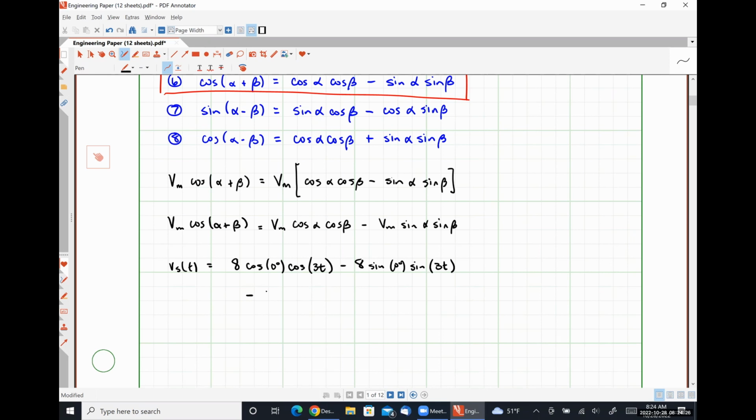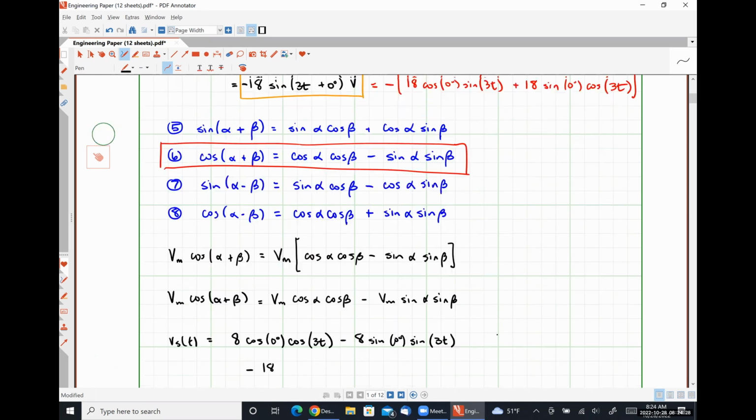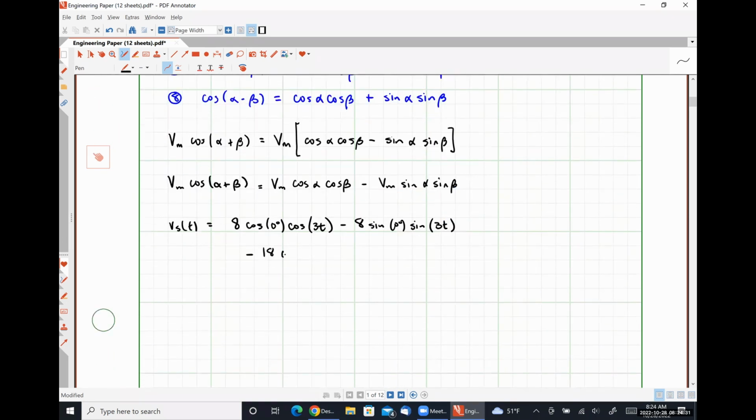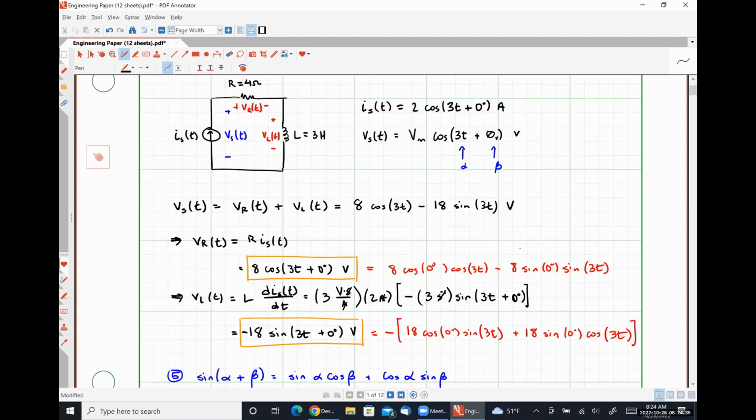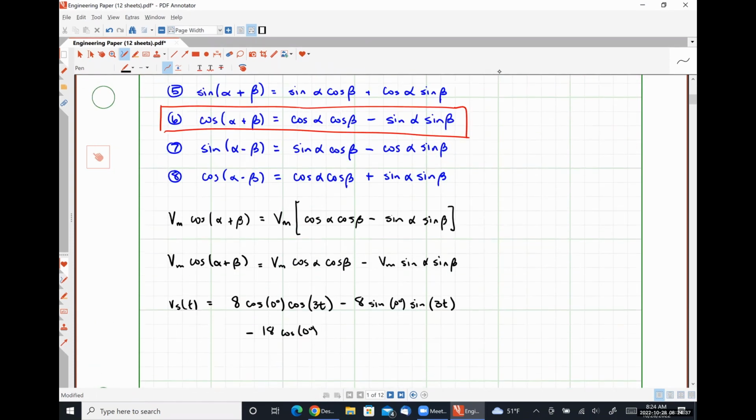This is all part of the same expression, minus 18 cosine 0 degrees, sorry, sine 3t.